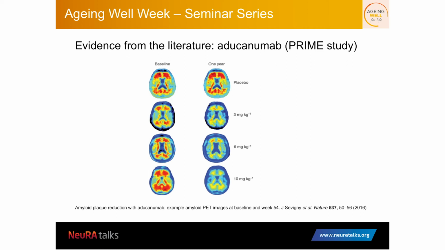After 1 year of treatment, you can see that the placebo group here has had no change in amyloid, whereas people taking increasing doses of the experimental compound have had substantial clearing of amyloid. So that's one bit of good news.